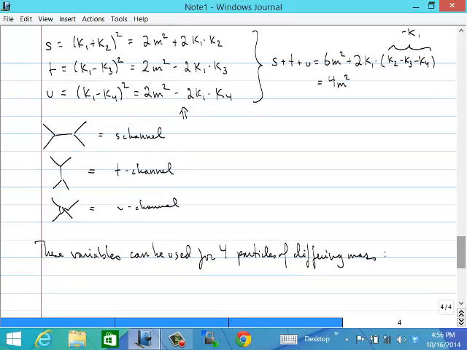In which case, it's easy enough to show that s plus t plus u is equal to the sum of the mass squareds of all of the particles.